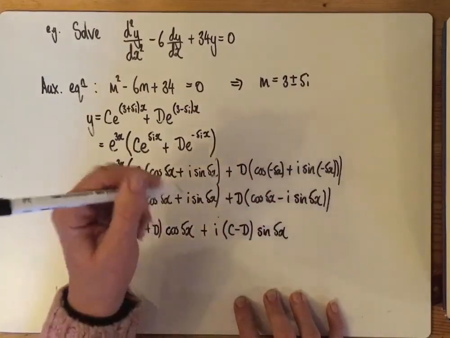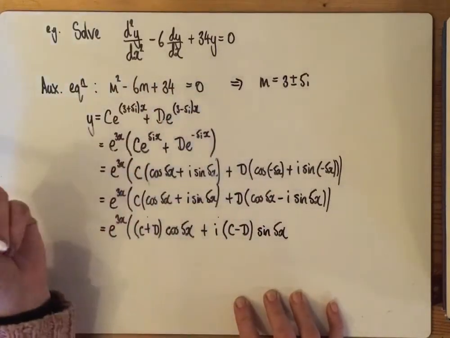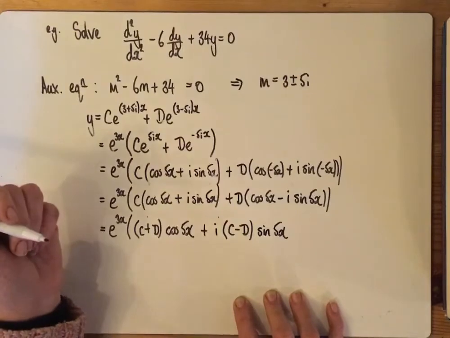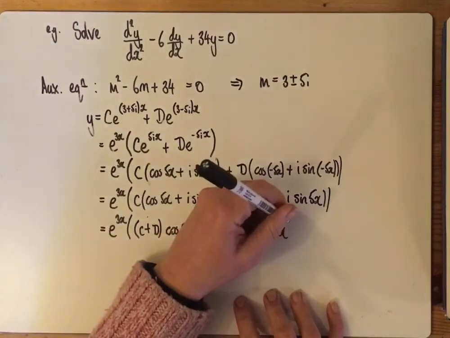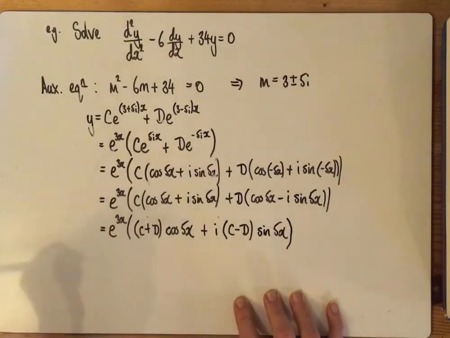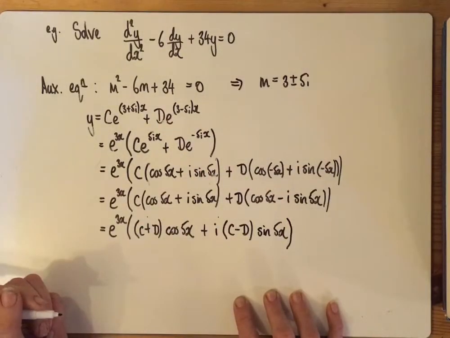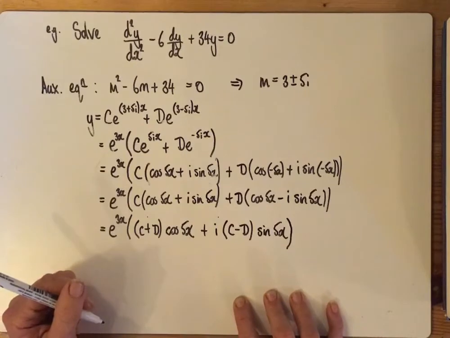And you can do this with any one where there are no real roots, so discriminant is less than 0. So that takes us to there.